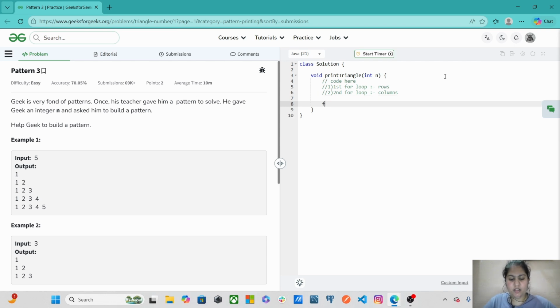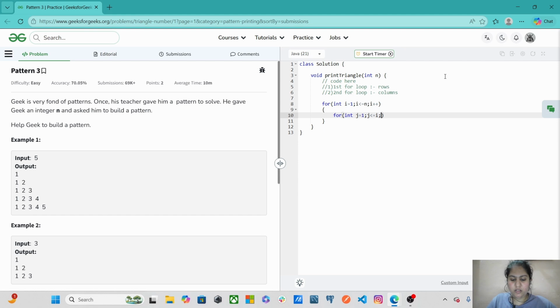Like in this example, the number of rows are from 1 till n, and for columns, it is starting from 1 till i.